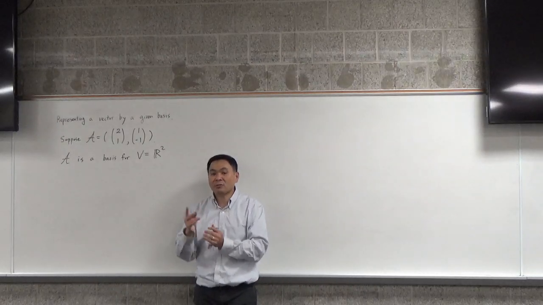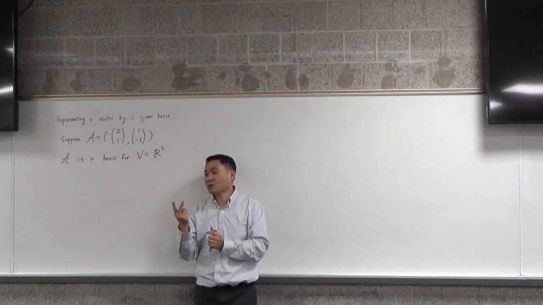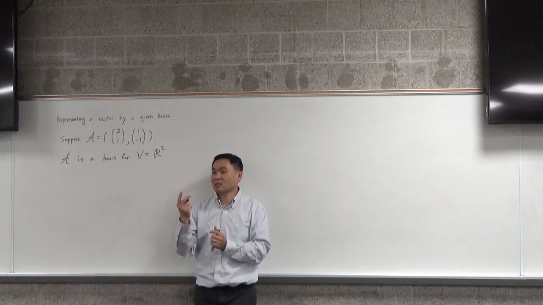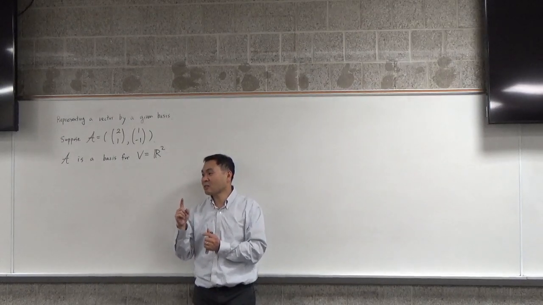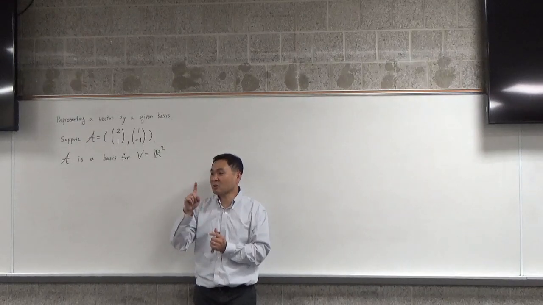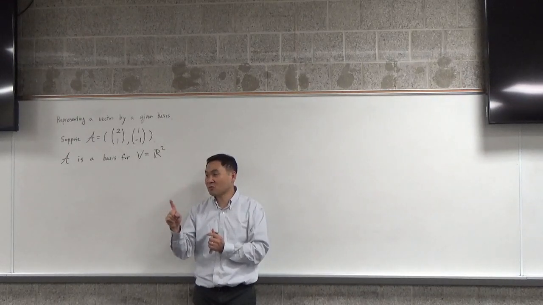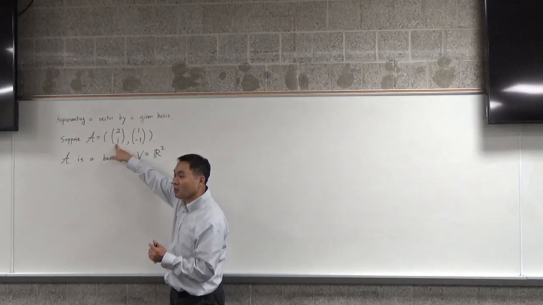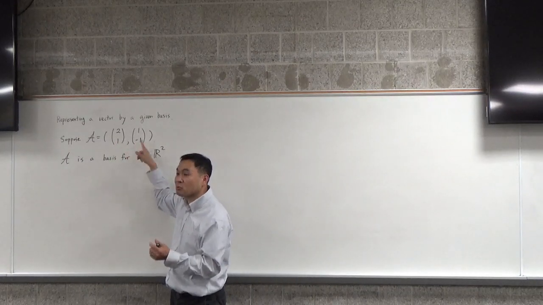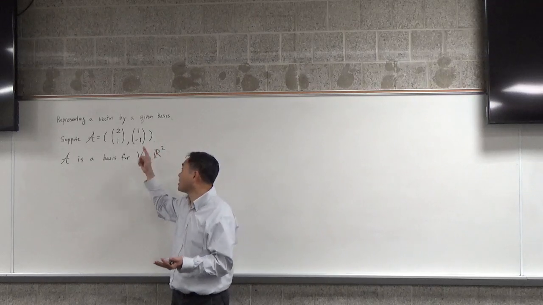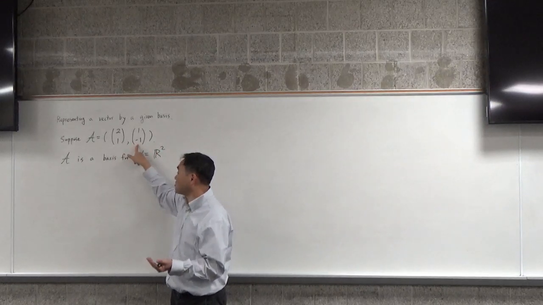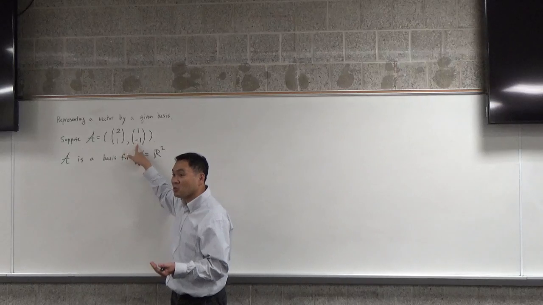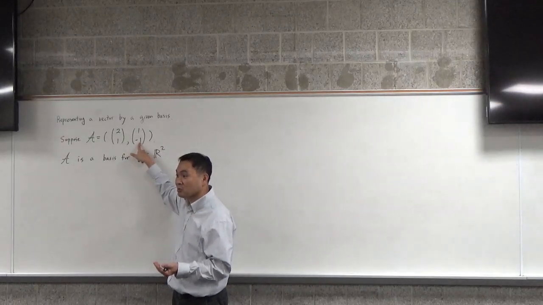Now, if you have two vectors, how do you know it's linearly independent? What's linear independence again? If one vector cannot be represented as a linear combination of the other ones, right? So can this be written as a linear combination of this one? Well, you just have one single vector, so saying that this is a linear combination of this simply means this is a scalar multiple of this.